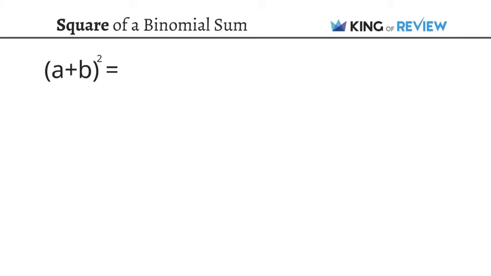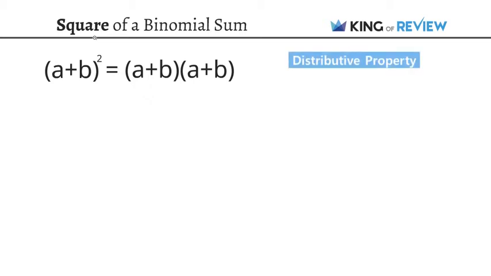This time, I'm going to explain this in algebraic perspective. The exponent of 2 means there are two parentheses, right? A plus B times A plus B. In the last lecture, we've covered that there are two ways to solve multiplying binomials, right? The distributive property and the FOIL method, right?